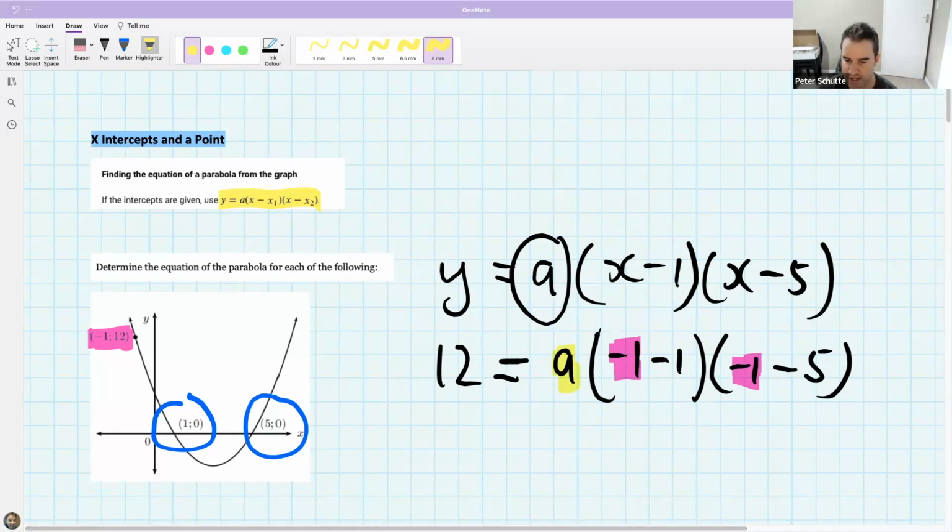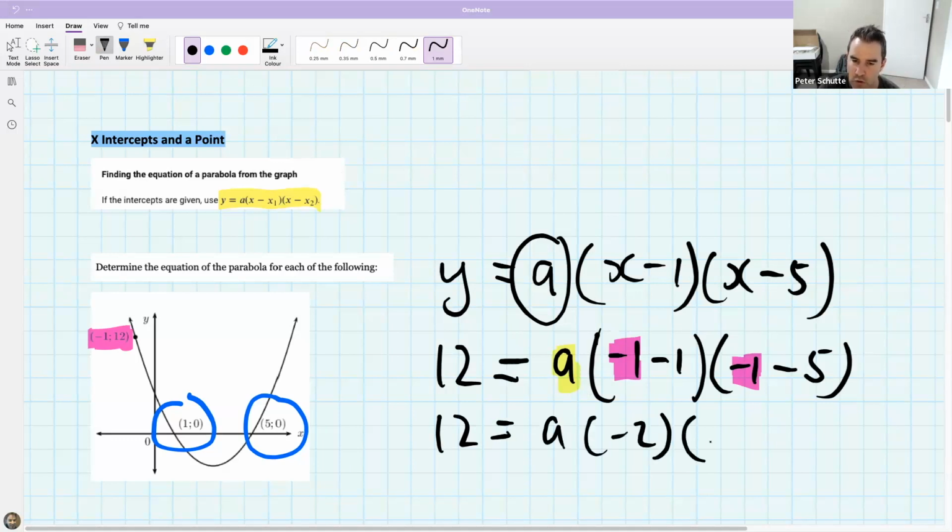So then pop it in the chat. What do you think a is going to be? I haven't worked this out ahead of time, so you're going to have to help me.